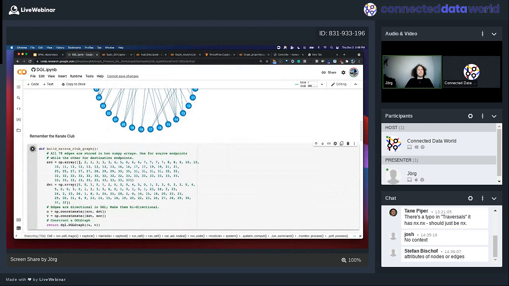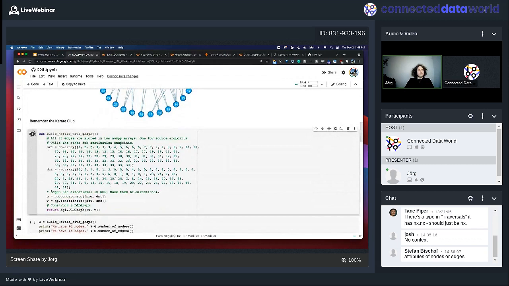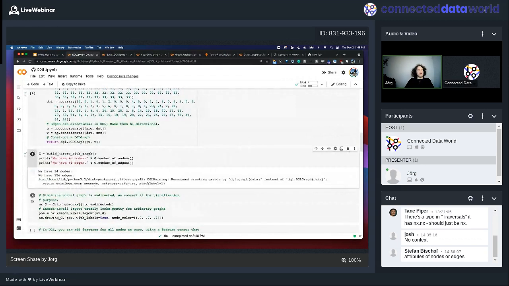So they basically have an encoding like 1 to 0, with the source and destination. So basically we have that adjacency list spread out across two different arrays. But in the end, we can just always move back and forth in between.